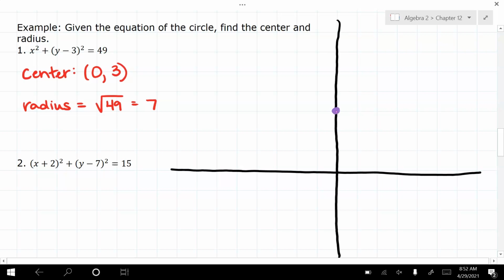And then my radius is 7, so that means that from the center all the way to the edge is always 7. 7 of these squares on my graph. Now in this case, I don't want to go diagonally because I can't count perfectly diagonally, but I can count up, down, left, and right. So that's what I do. I'll go up 7, down 7, left 7, and right 7, and just make a little mark of where it is to give me an idea of where the circle should be.